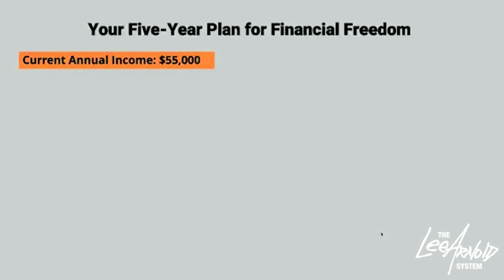current income. Now, if you are married and you and your spouse are planning to do this together, it's always best to build this around the spouse, partner, or life partner who generates the lowest income first.